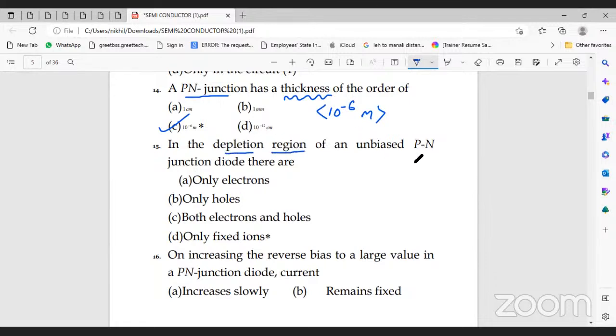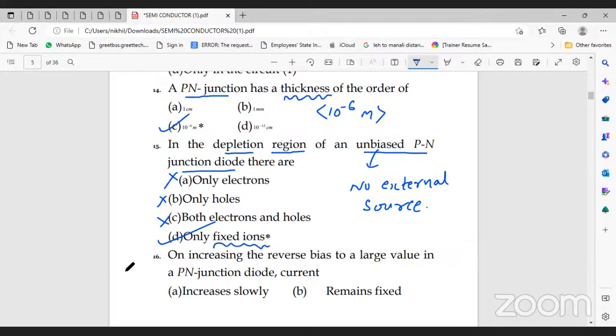In the depletion region of an unbiased PN junction diode, unbiased means no external source is connected. When no external source is connected, there will be no free electrons or holes. There will be only fixed ions.